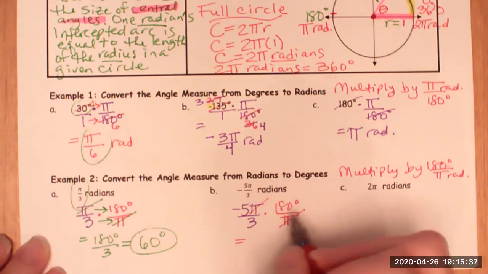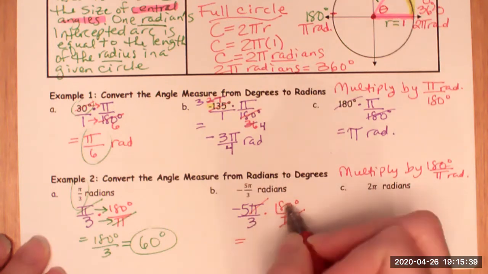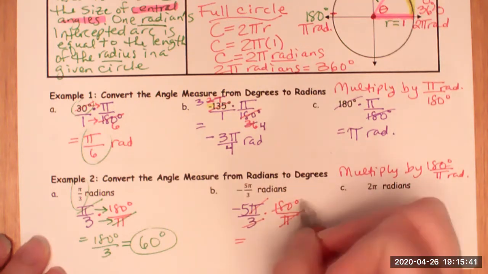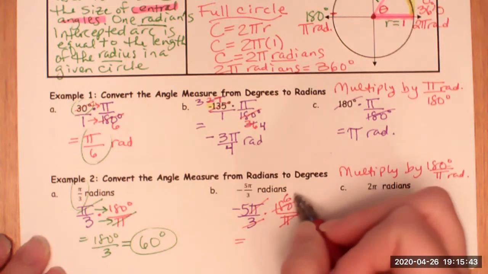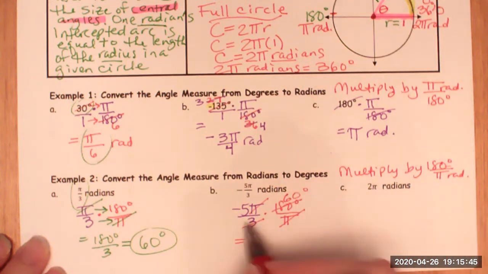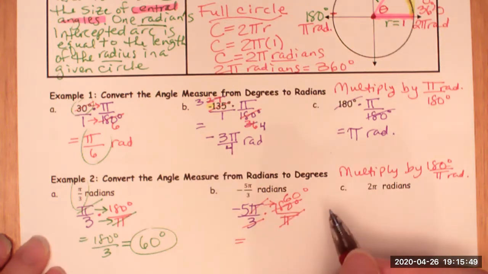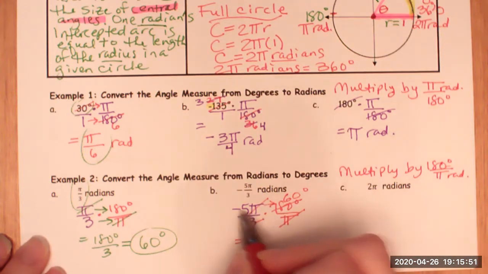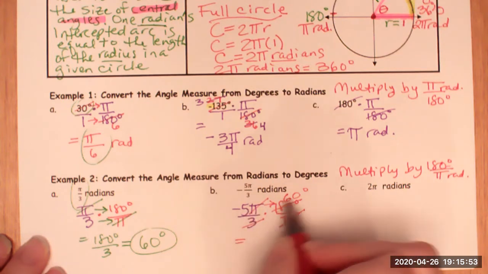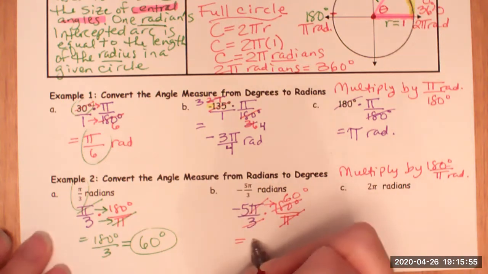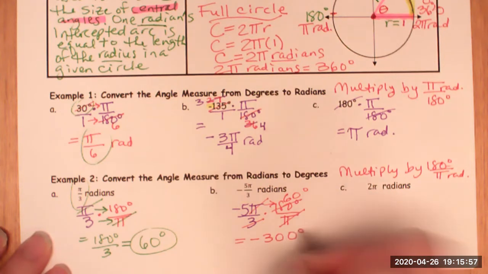And cancel diagonally here: 3 goes into 180 60 times. Now we've canceled all out of the denominator. We can just multiply the numerator across, and we can see that negative 5 times 60 gives us negative 300 degrees.